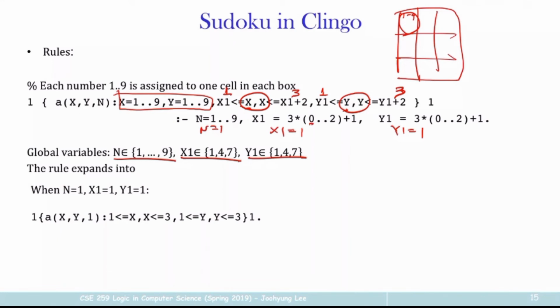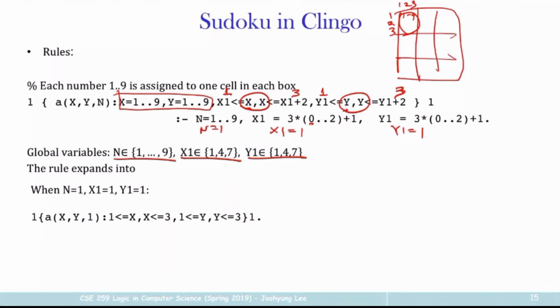If n equals 1, x1 equals 1, y1 equals 1, the rule is simply saying this: given the digit 1, you have to find exactly one pair x, y, where x goes from 1 to 3 and y goes from 1 to 3, which is denoted by the top left box. In the top left box, the x coordinate goes from 1 to 3, and so does y.